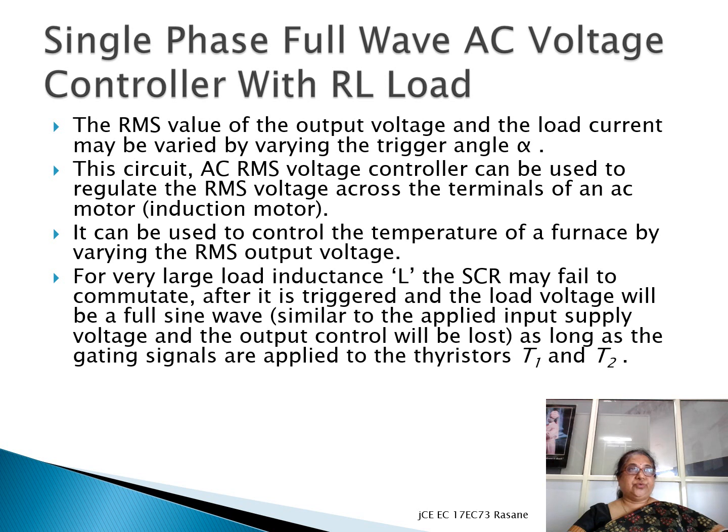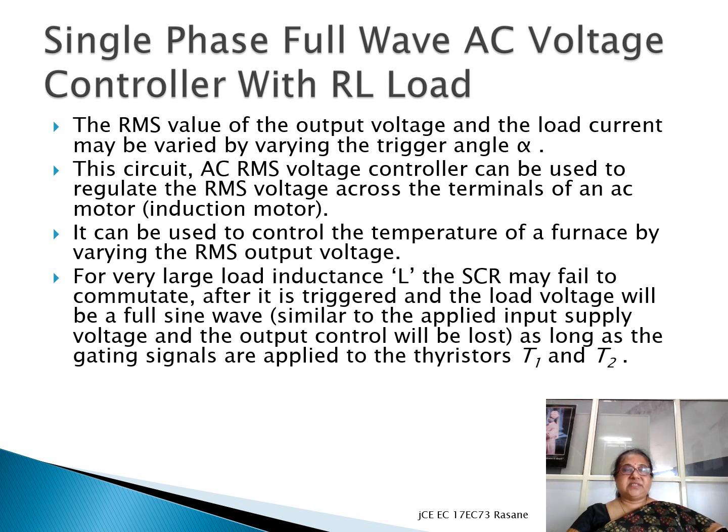So if the beta extends beyond pi plus alpha, then T1 will conduct from alpha to beta, and T2 will take over from beta. So I'll get a continuous load current, right? And it will be a full sine wave instead of the small breaks or discontinuous load currents that we were getting. Now we will get the continuous load current.